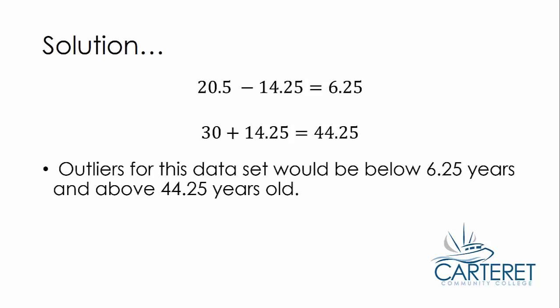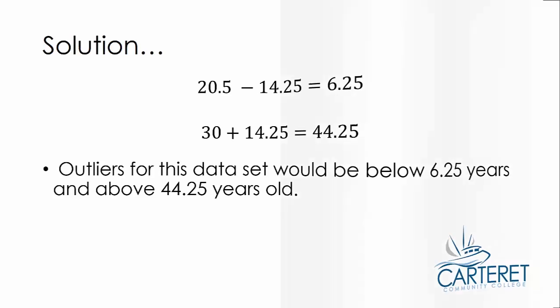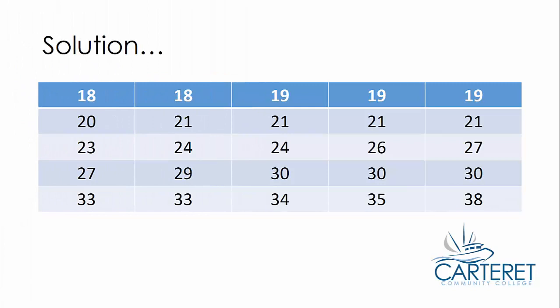Outliers for this data set would be below 6.25 years of age and above 44.25 years of age. Since no data values exist above 44.25 years of age or below 6.25 years of age, there are no outliers for this particular data set.